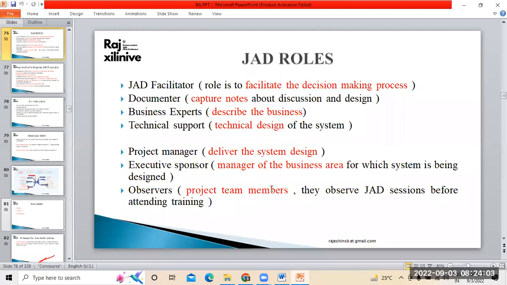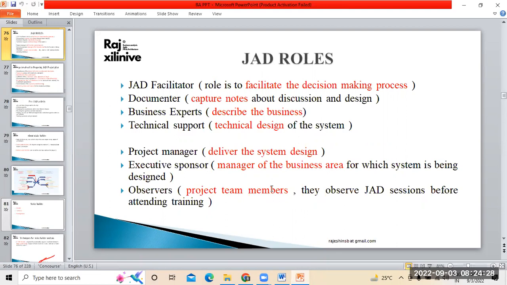The architect will prepare some initial architecture, of course not the detailed one, so that the architects or technical people know exactly what requirements the customer is expecting. At the same time, the project manager is also involved.